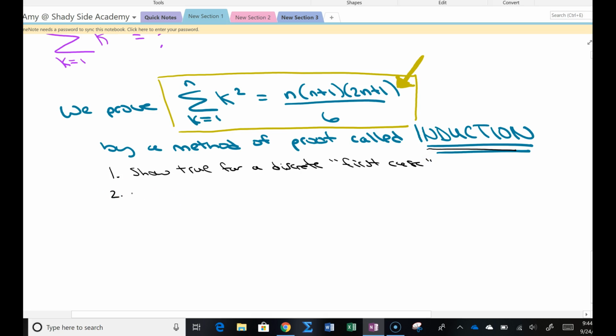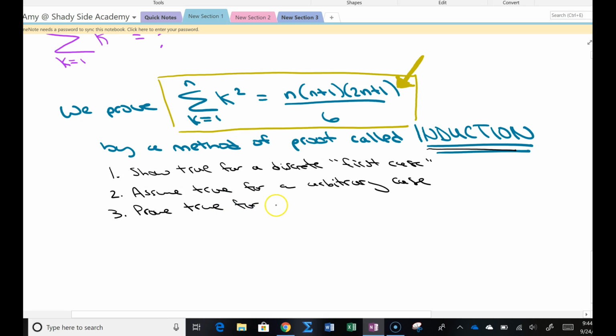The second part is you assume your principle is true for an arbitrary case. And then the third final step is that you prove it true for your arbitrary case plus 1. Okay, what does this mean? Let's walk through it. 3 critical steps in proof by induction: show, assume, and then prove.